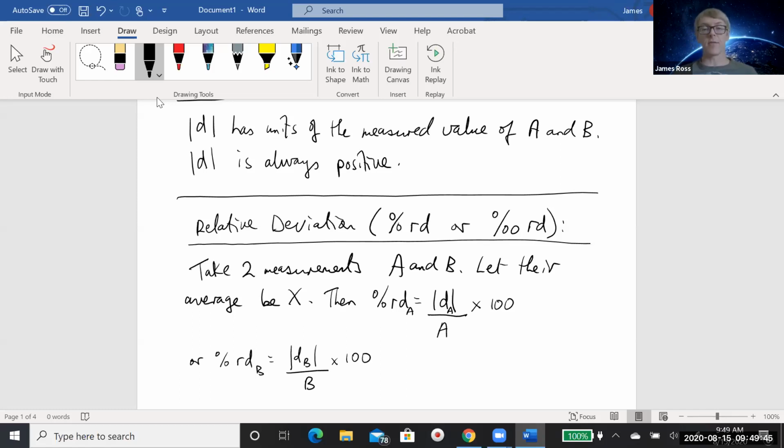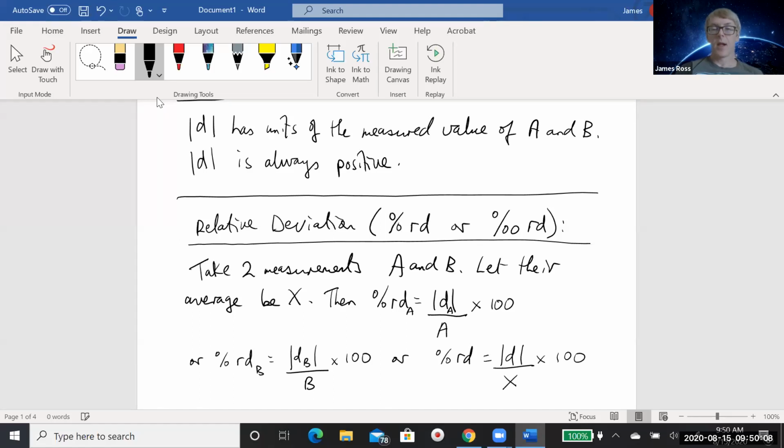Or you could have the percent relative deviation of A or B compared to the mean, which would be, so I'll leave the label blank here, the absolute deviation over the mean times 100%.